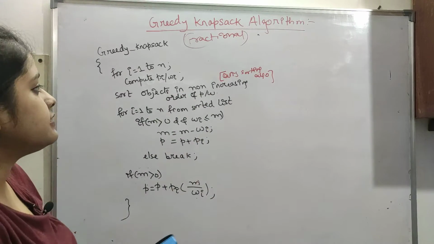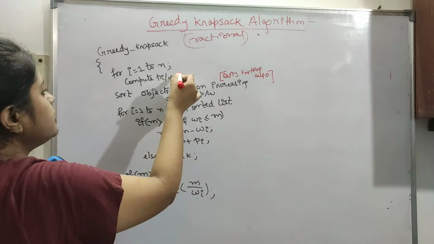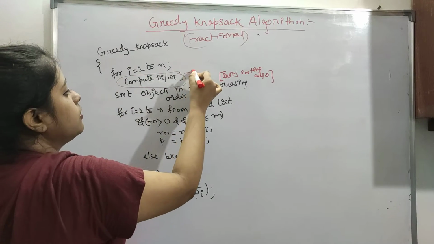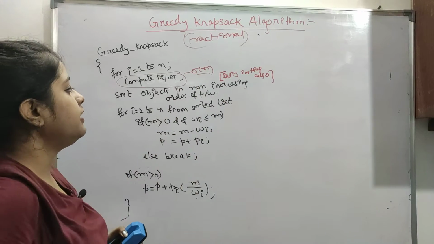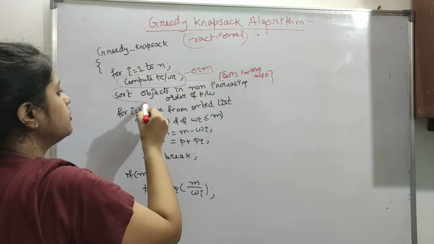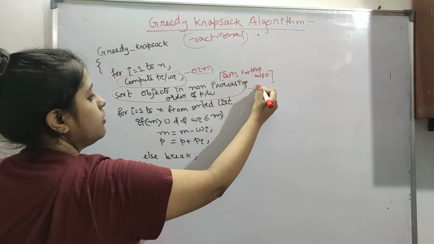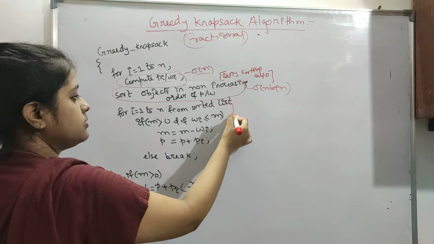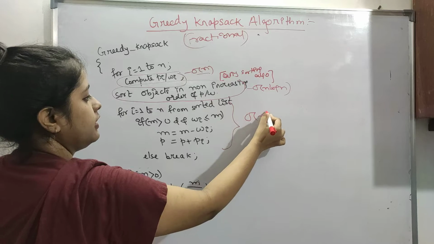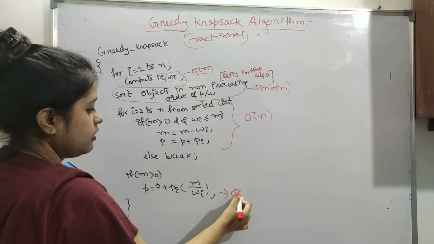Okay, so now let's check the time complexity here. Computing this will take order of n, because it can run n times. Any sorting algorithm we take can take order of n log n, and this will take just order of constant time.